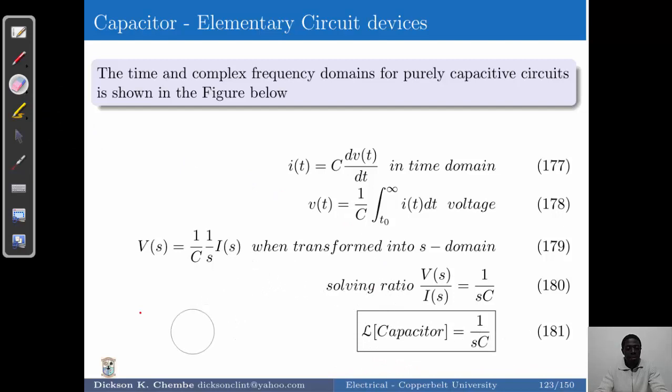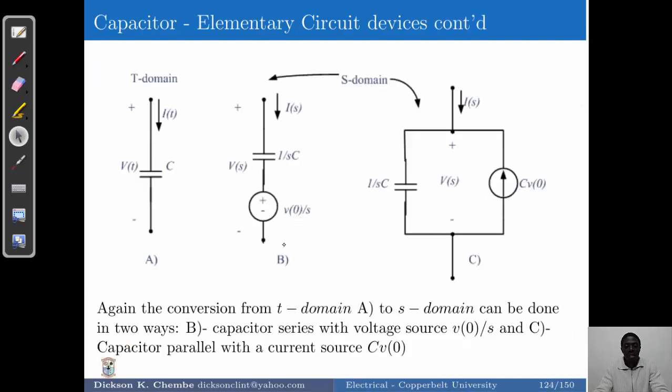Similarly, when we come to comparing the inductor and the capacitor, you find that when we're converting the time domain to the frequency domain, we have the same choices as we had with the inductor. So we're going to have two options that you can pick from. Now you must notice the differences in polarities between the inductor and the capacitor, and you should pay attention to that.